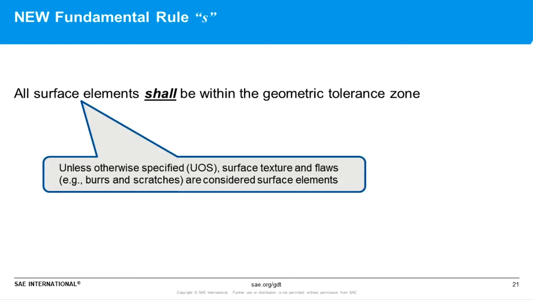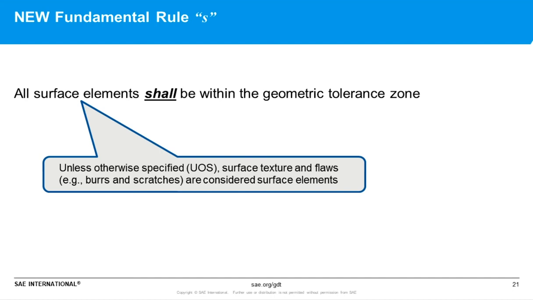And then there's also a new Fundamental Rule S. So this rule basically tells us that all surface elements shall be within the geometric tolerance zone. And what it does clarify for us is that it considers surface texture and flaws such as burrs and scratches to be also surface elements. So they also must be within that geometric tolerance zone.